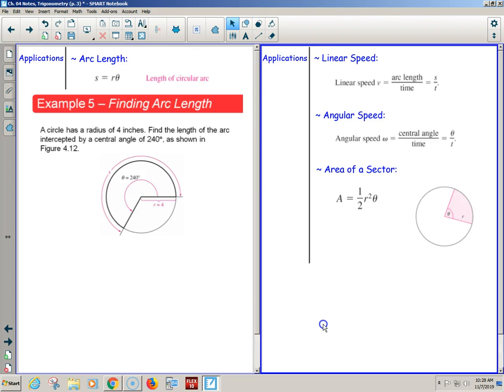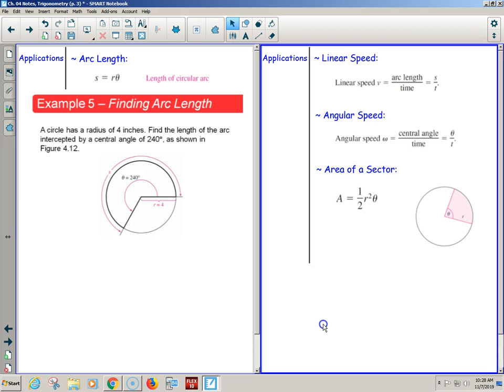What else do we have? Okay. Hold on. Remember how I said that this section is going to have some physics stuff? Okay. Physics stuff. If we're talking about arc lengths and linear speeds and angular speeds, areas of sectors, very geometric type formulas.